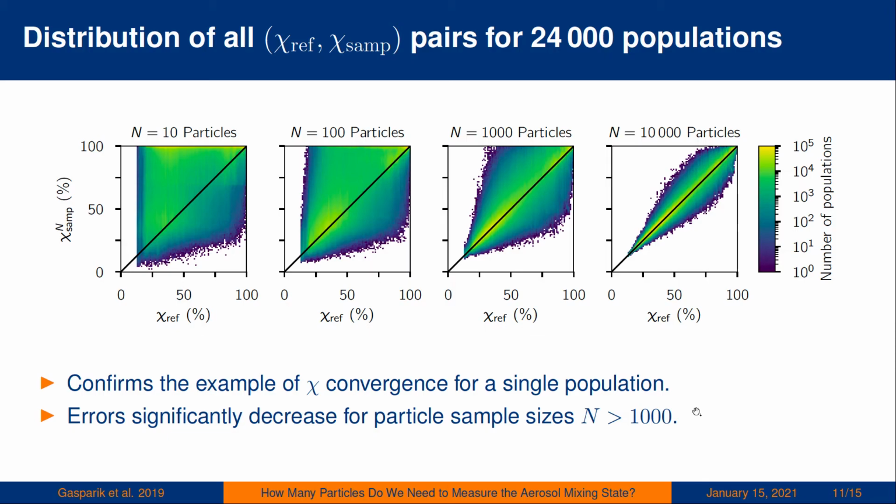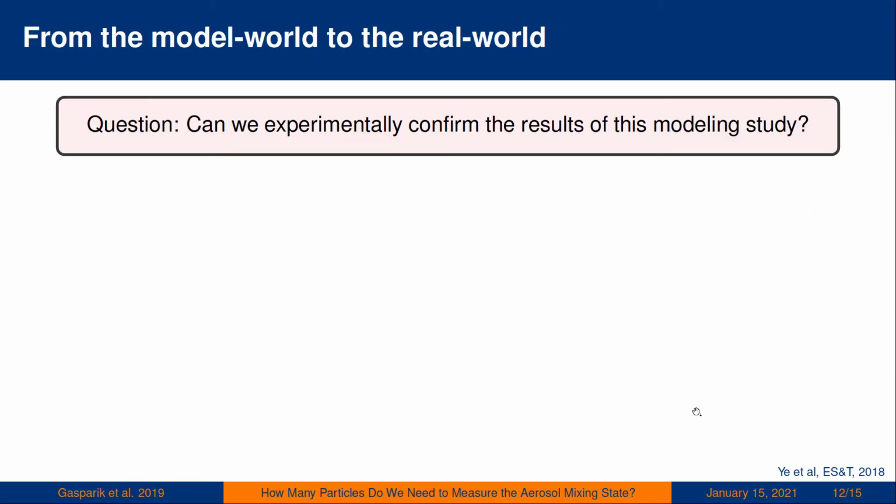And then, as expected, it increases in terms of accuracy as we go from 10 particles to 10,000 particles. And as we can see, in the 1,000 case and 10,000 case, the error starts to become much more reasonable rather than having some huge range.